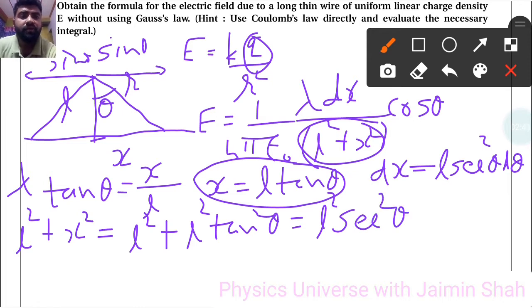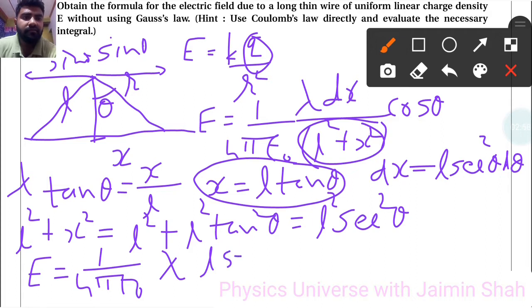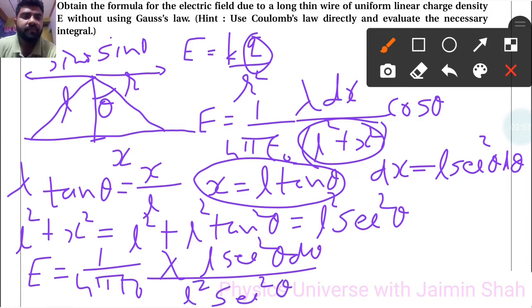By putting these values into this equation, E is 1 upon 4 pi epsilon 0 times lambda times dx, which is L sec square theta d theta, upon L square sec square theta, into cos theta. So sec square theta gets cancelled out, and one L gets cancelled out.